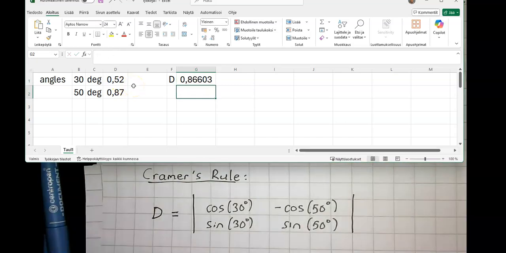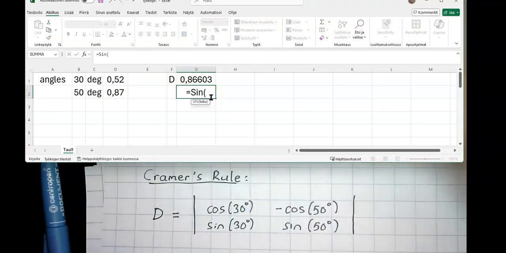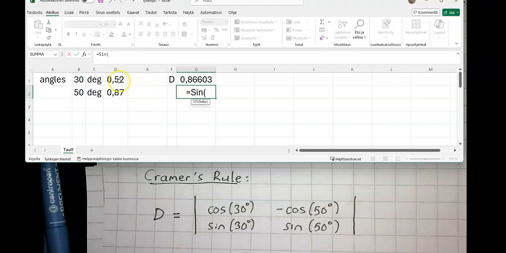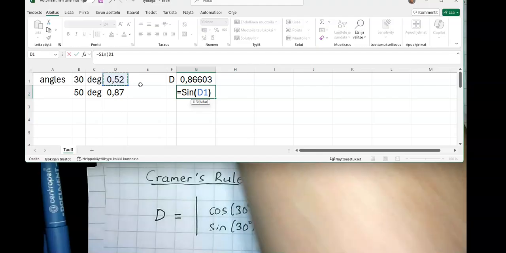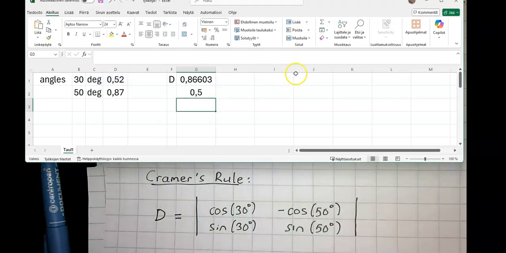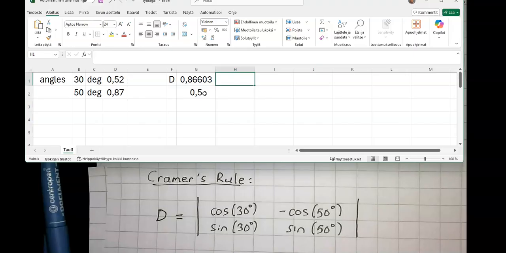And there is a cosine value, and then sine with the same angle, 30 degrees or 0.52 radians. Well, sine of the 30 degrees, that is exactly one half, 0.5.